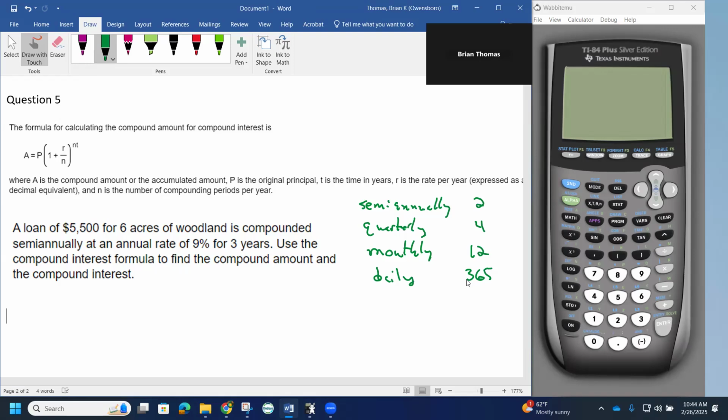So anyway, let's just look at the question they have here. A loan of $5,500 for 6 acres of woodland is compounded semi-annually at an annual rate of 9% for 3 years. Use the compound interest formula to find the compound amount and also the compound interest.